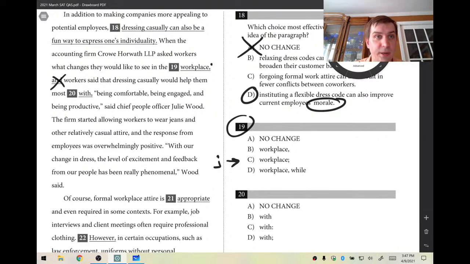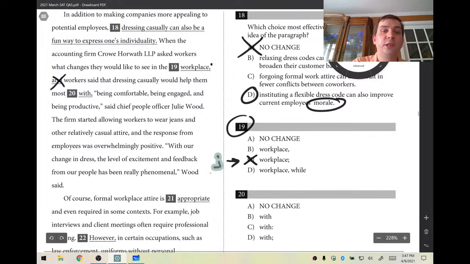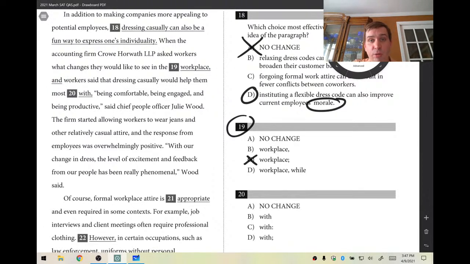Would this be two independent clauses? No. So C's out. Can only put a semicolon somewhere where we have two things that could each be sentences and they compare or contrast one another. So semicolon's out. A comma is necessary, but not and. This is just B.